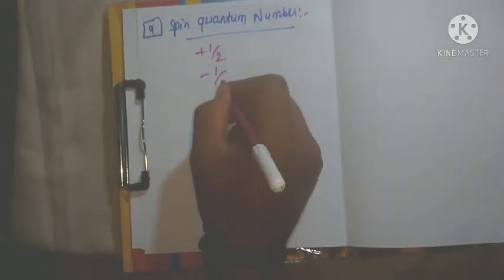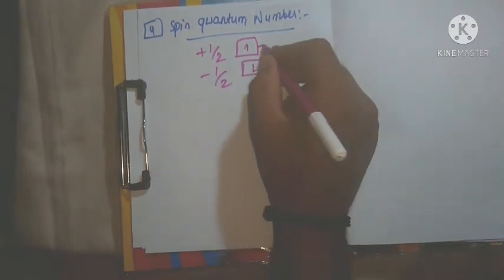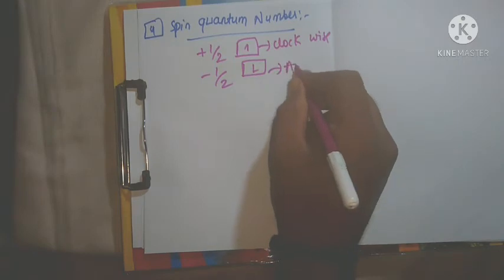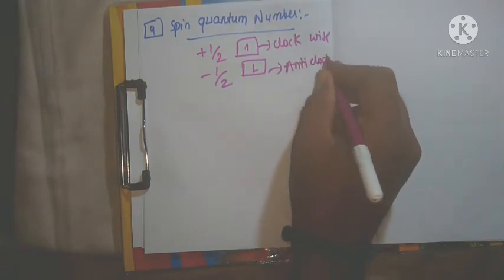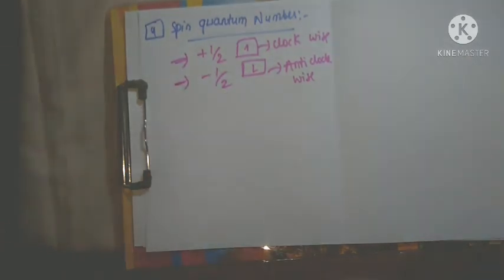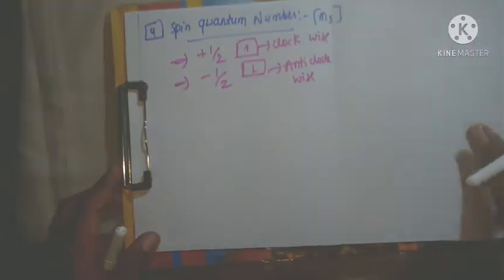Here 2 possible values are there: plus half, minus half. Plus half means upward direction, minus half means downward direction. Plus half clockwise, minus half anti-clockwise. Just remember this. Only two possible values, either plus half or minus half, for the spin quantum number, and its symbol is m small s.